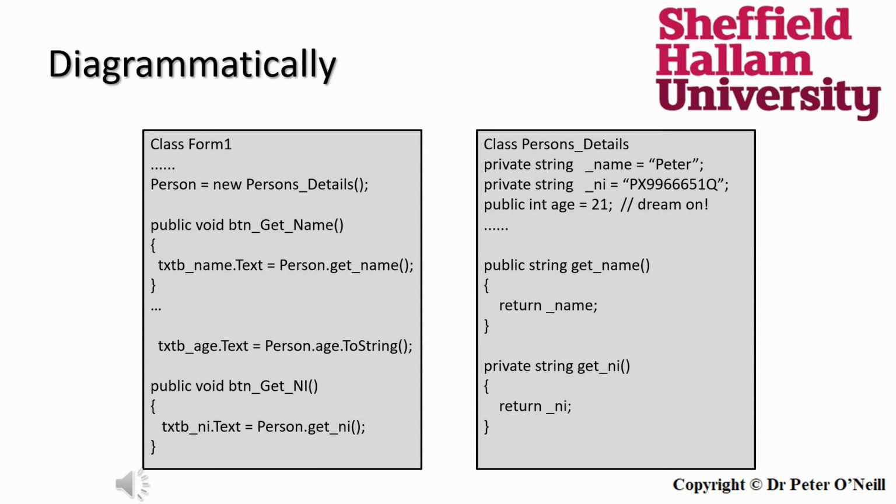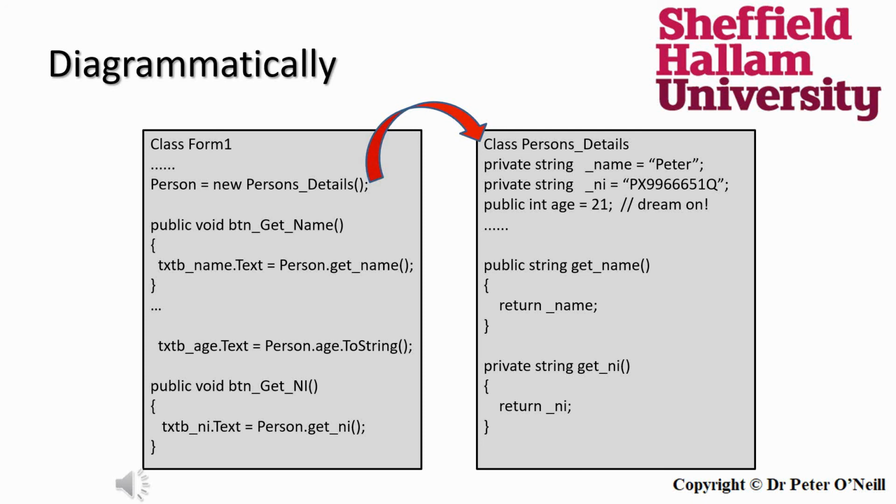Notice our form constructs person equals new person details. So it calls that and makes it an object. Okay? So it calls that to make it into an object.